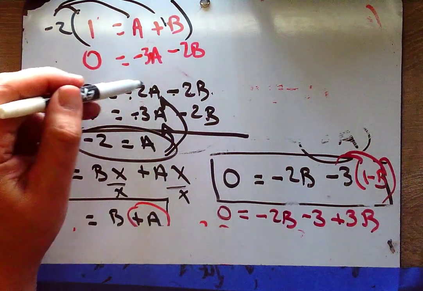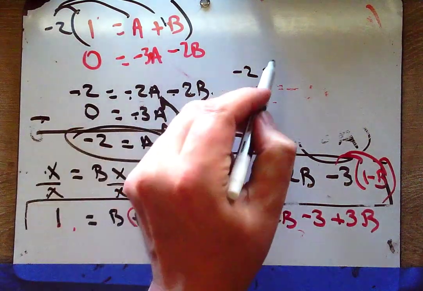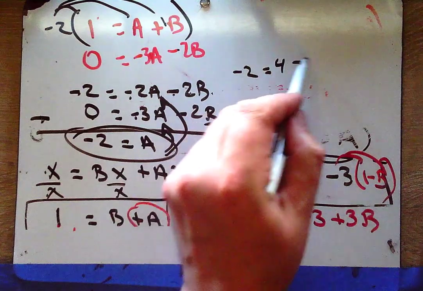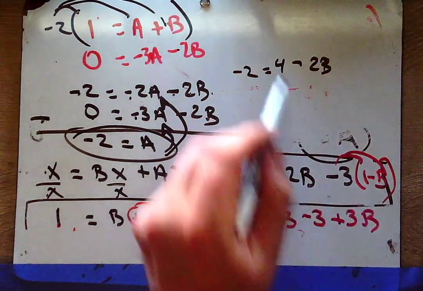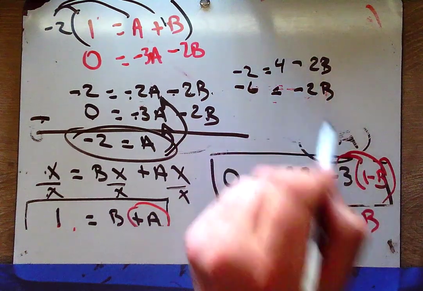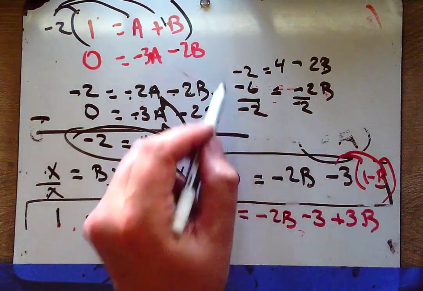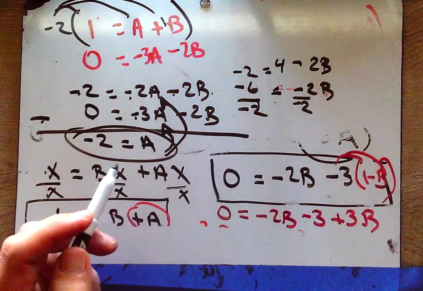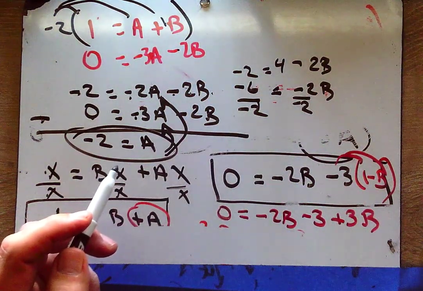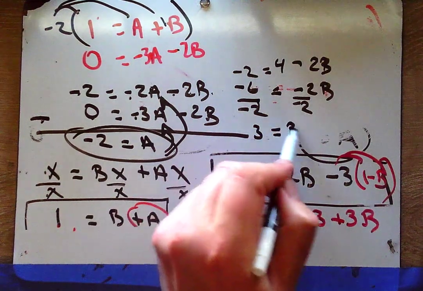So if I plug my negative 2 in here, negative 2 equals negative 2 times negative 2 is 4 minus 2b. I subtract 4 from both sides. I divide by negative 2. And look, negative 3 divided by negative 2, that's going to be equal to 3. And so 3 equals b.